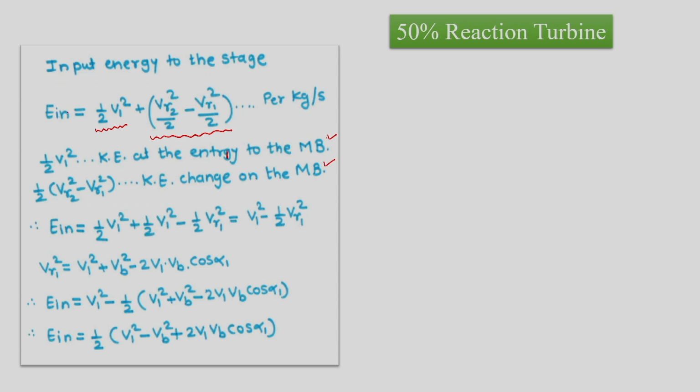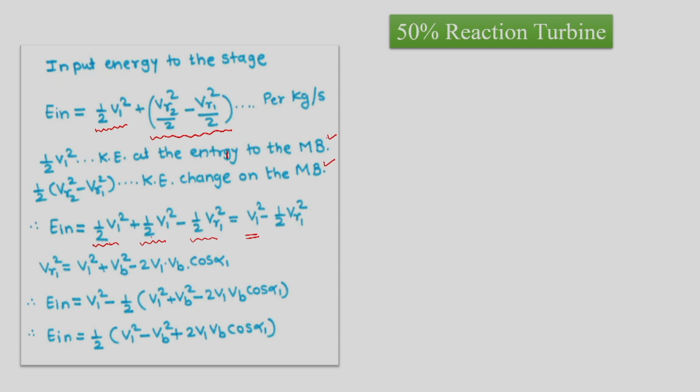So we have E in equal to 1/2 V1 square, but VR2 is equal to V1. So we have again 1/2 V1 square, and we have 1/2 VR1 square, which is minus. So these two will sum up, and then we have V1 square minus half VR1 square.